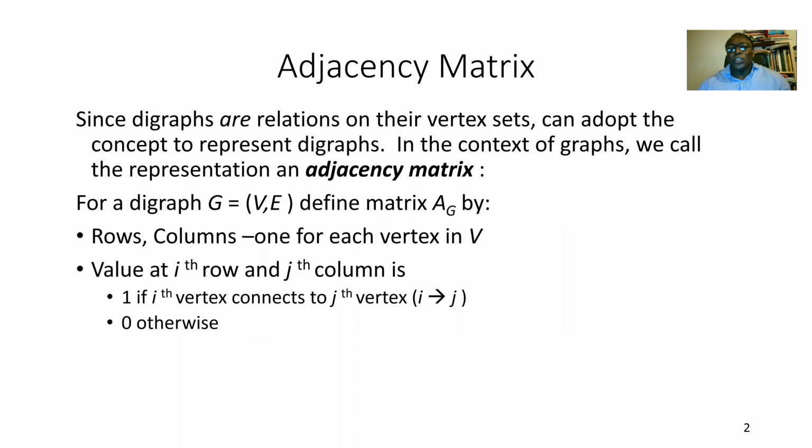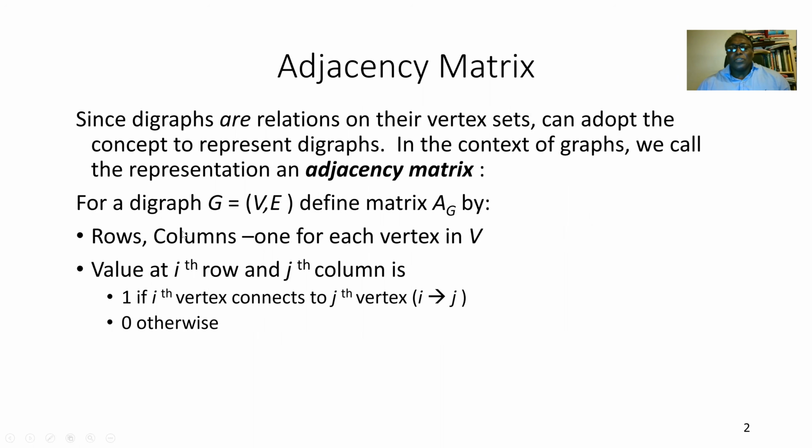The edge is the line that connects the vertices. So the vertex is more or less like a node, a station. In the context of graphs, we call the representation an adjacency matrix. And the best way to understand this is to construct the adjacency matrix, which is very easy to understand.